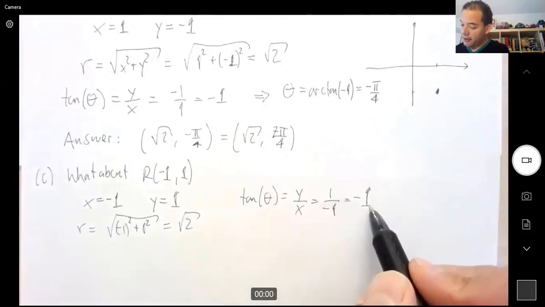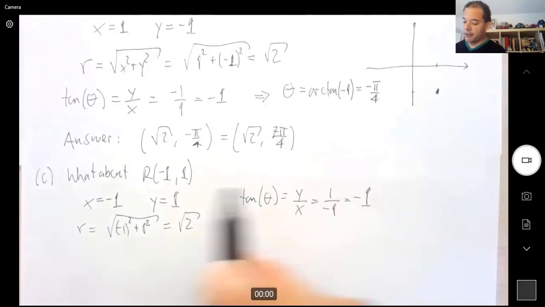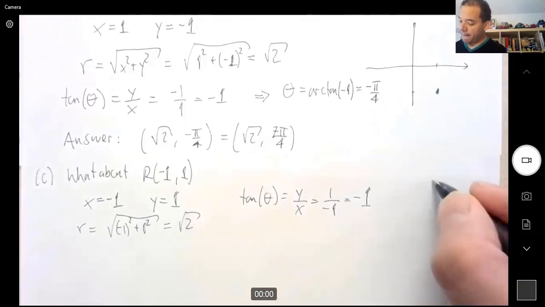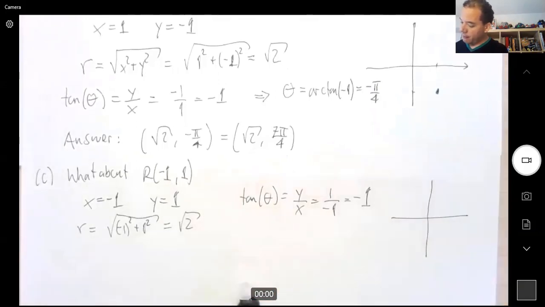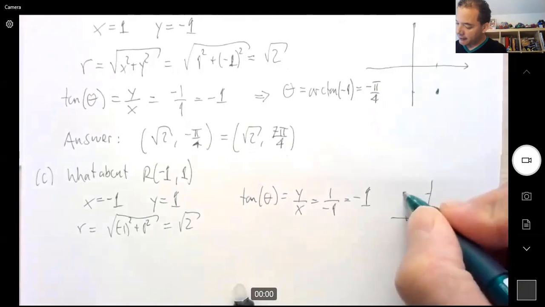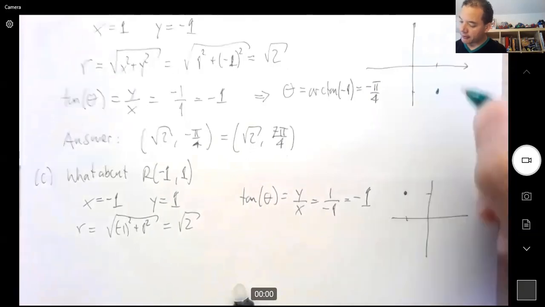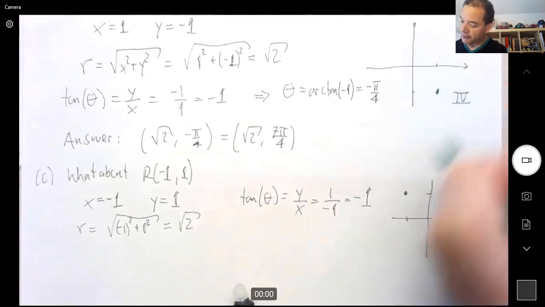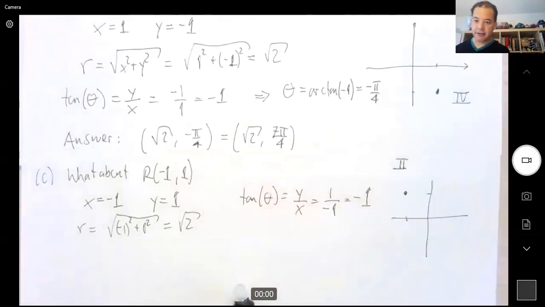Well, here, inverse tangent doesn't work because this point, -1, 1, is in the second quadrant. So, right, this is the fourth over here. This is the second.